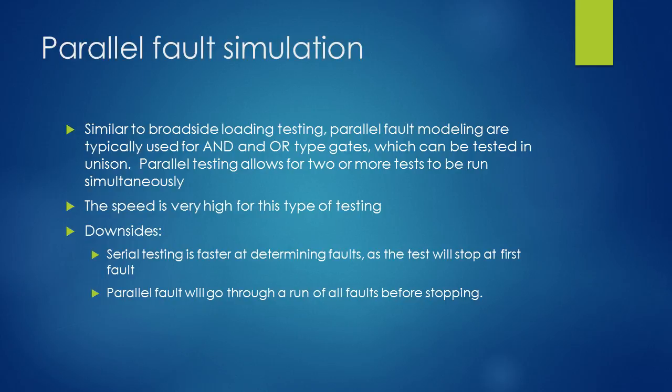The downside is that serial testing is faster at determining faults, as the test will stop at the first fault, which is preferred. But with parallel faults, although you're testing more components at the same time, the runtime for the single run has to go through every single possible fault condition before it returns a fault.